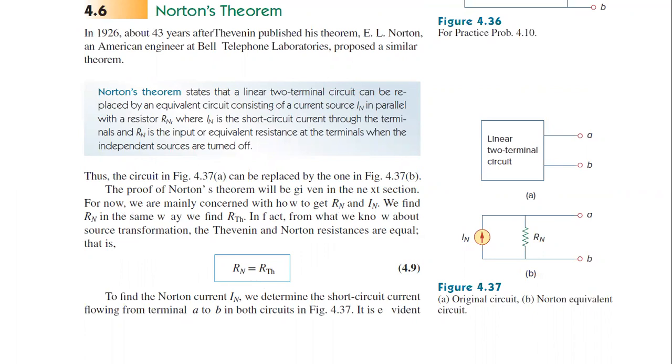You should remember one point over here. All the independent sources are replaced with their internal resistances. So here you need to write this word: all independent sources are replaced with internal resistances.